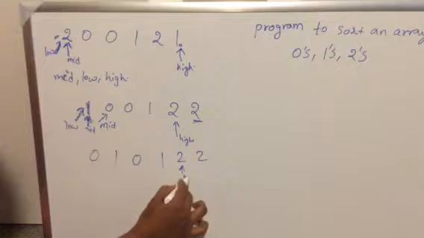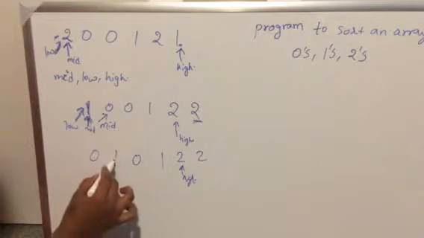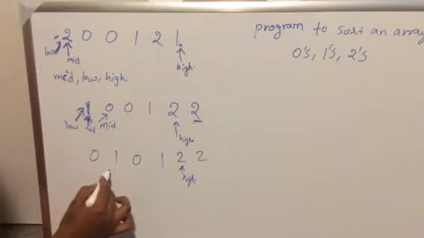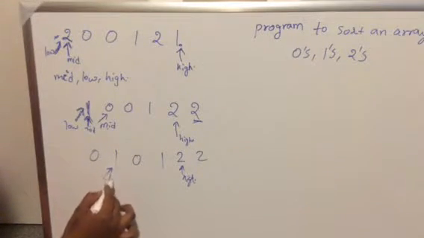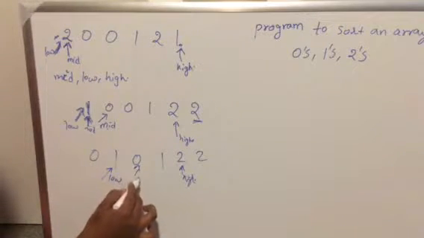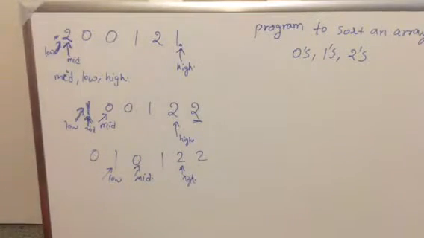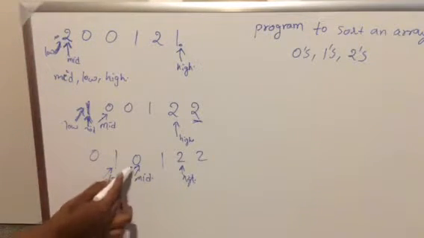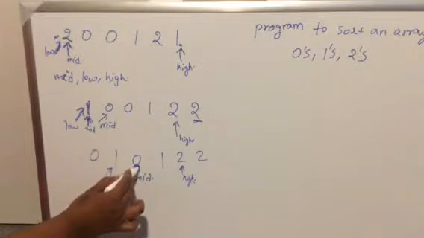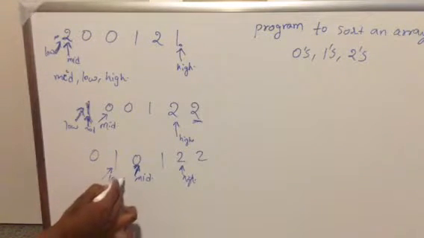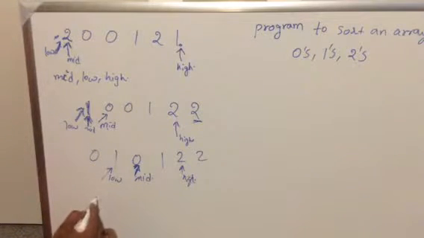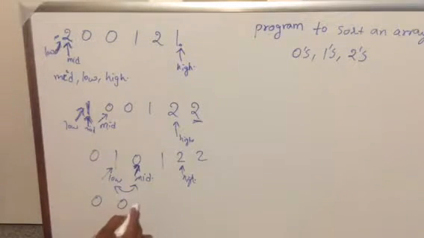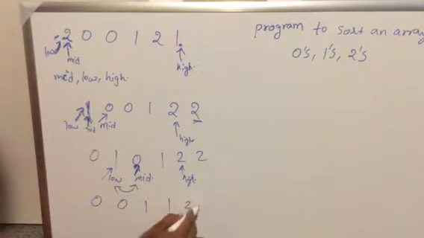High will stay here, and we increase mid and low. Again we check if mid is 0, then swap mid and low and increase them. We swap these two, giving 0, 1, 1, 2, 2.